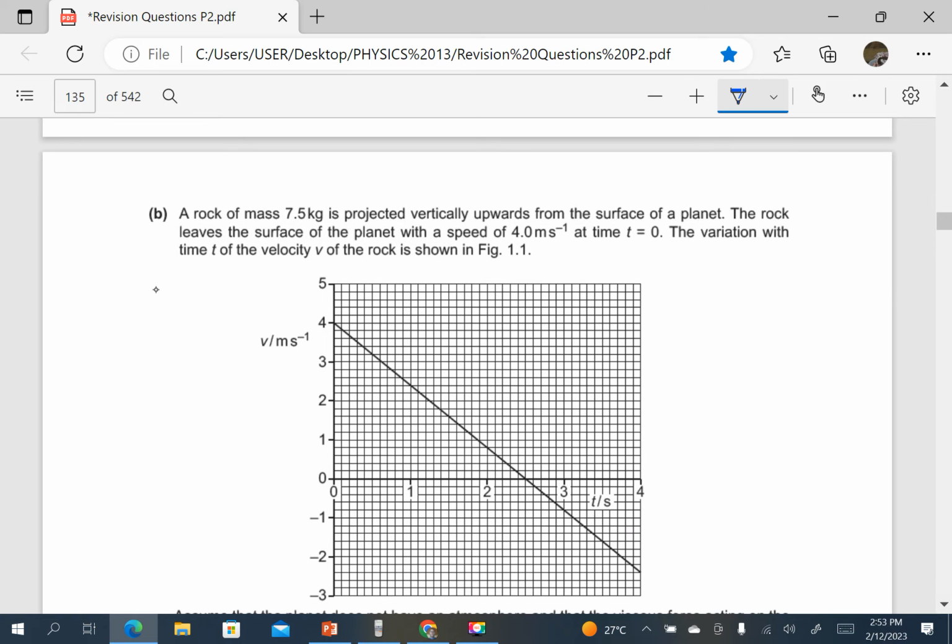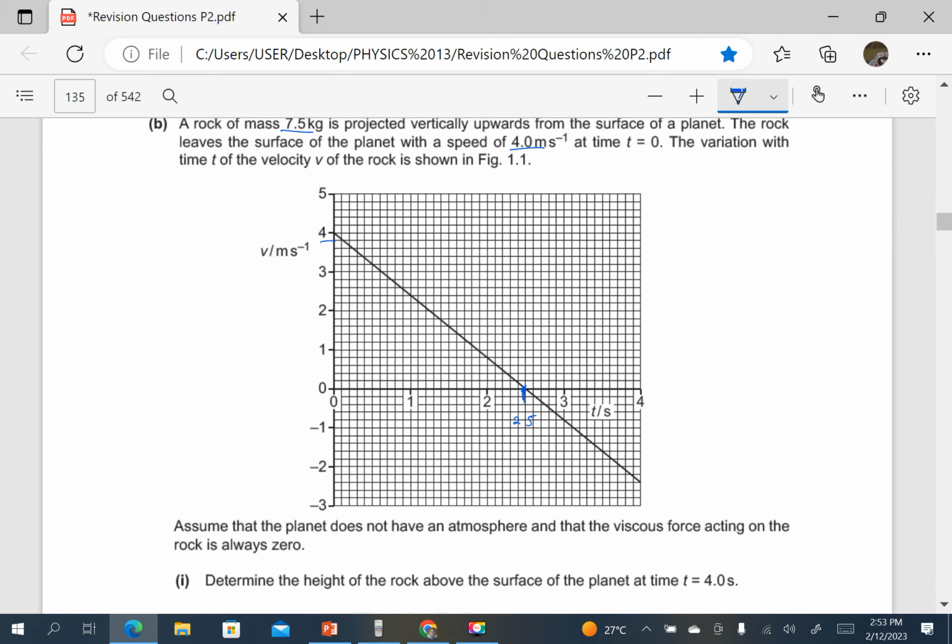A rock of mass 7.5 kilograms is projected vertically upwards from the surface of the planet. The rock leaves the surface with a speed of 4 meters per second. Here it has reached the maximum height, I think this is 2.5. The variation of velocity with time is shown there.